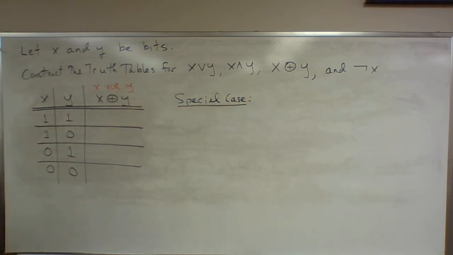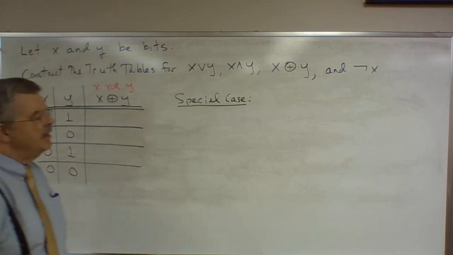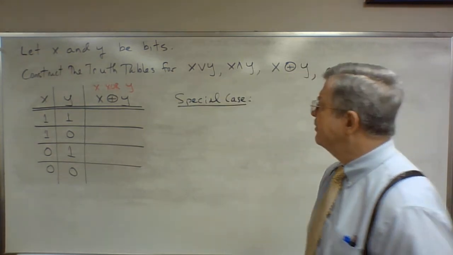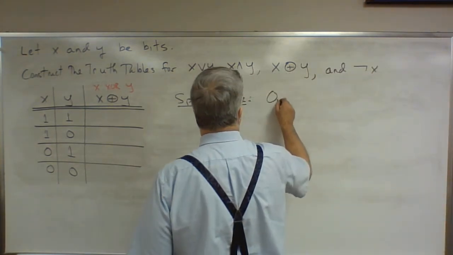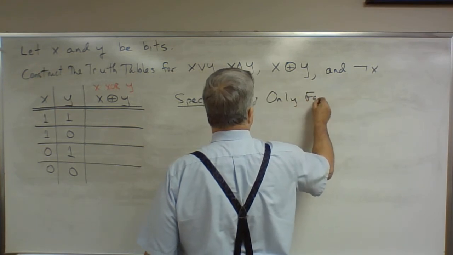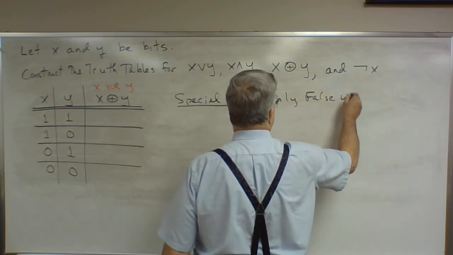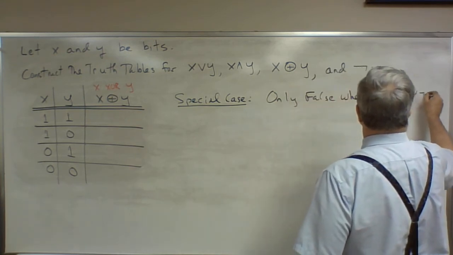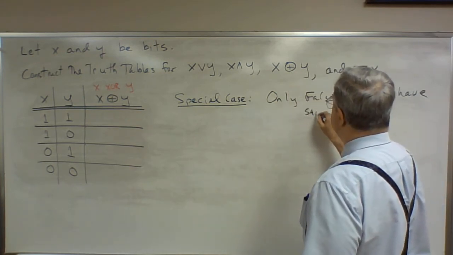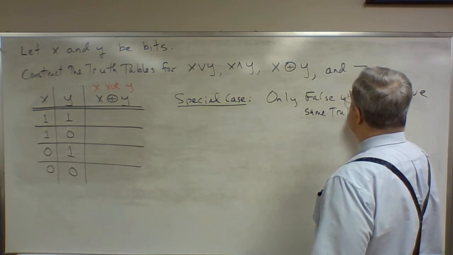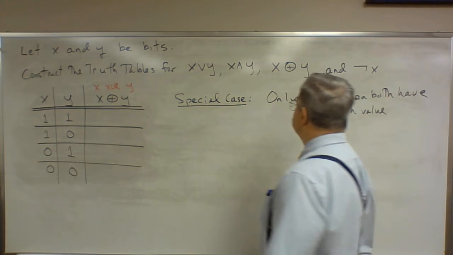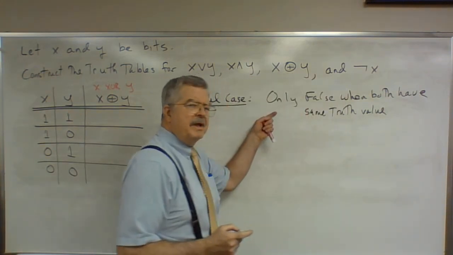son of a gun, there are two, I don't remember which one I gave you. It's only false when both have the same truth value. I'm not sure if this is the one I gave you or not.